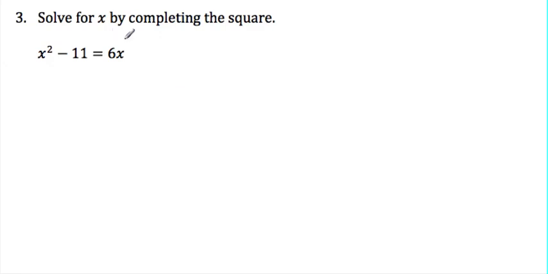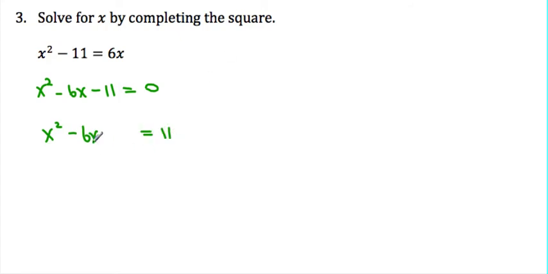I want you to solve this one by the completing the square method. So first we will subtract 6x, so x squared minus 6x minus 11 equals 0. And we're going to add 11 to both sides. x squared minus 6x equals 11.